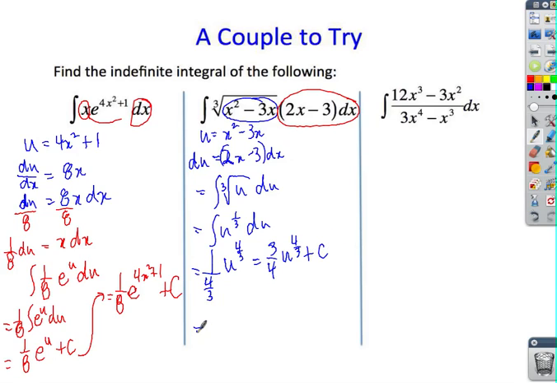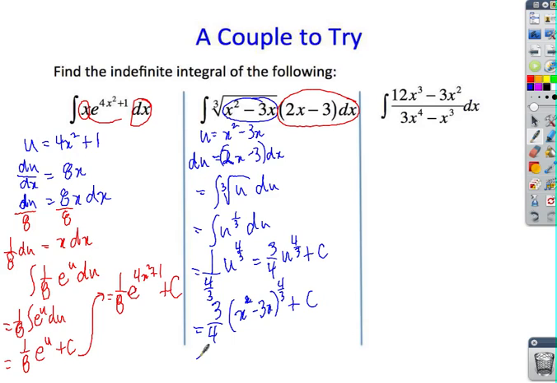And then my final answer will be, again, substitute what we originally let u equal. So it's going to be 3/4. My expression for u was x squared minus 3x, and that would be all to the 4/3 plus c.